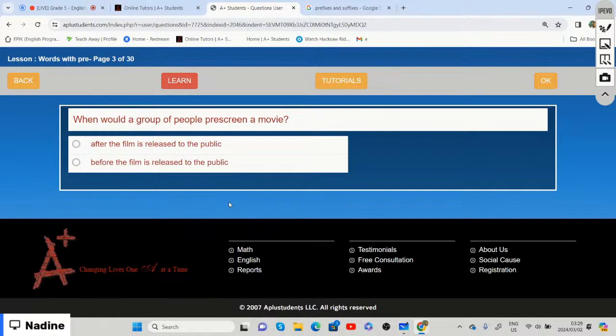So when would a group of people pre-screen a movie? Remember, pre-screen means that it hasn't been on the screens yet. It hasn't been on TV yet. It hasn't been on any sitcom or series or local soapies yet, right?